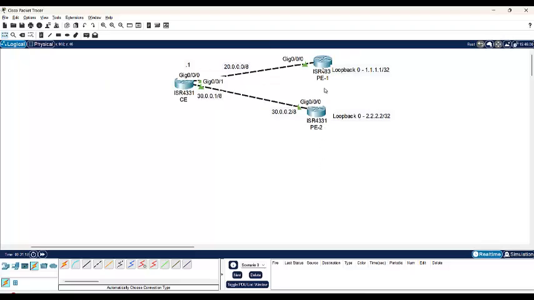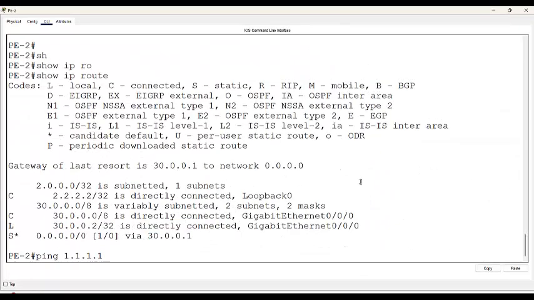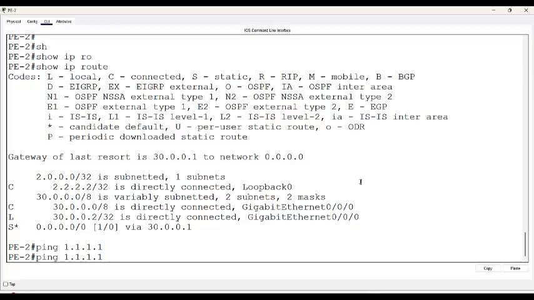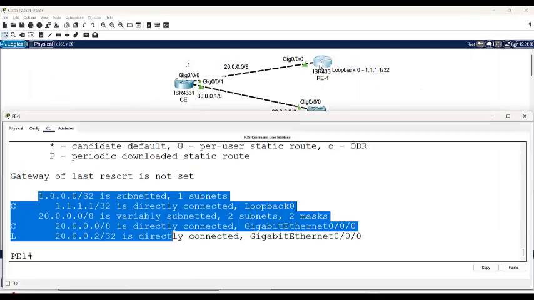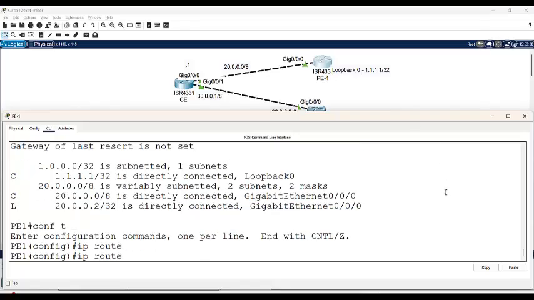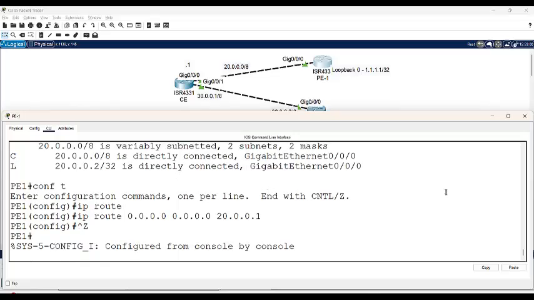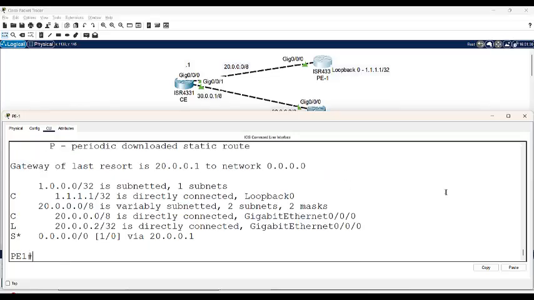Now, similarly, I'm going to write a default route on PE1. IP route, any destination that you do not know, any subnet mask that may be, just send the packet to 20.0.0.1. That's it. You will understand after I finish this.